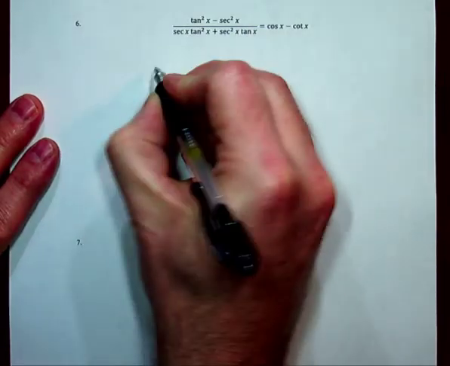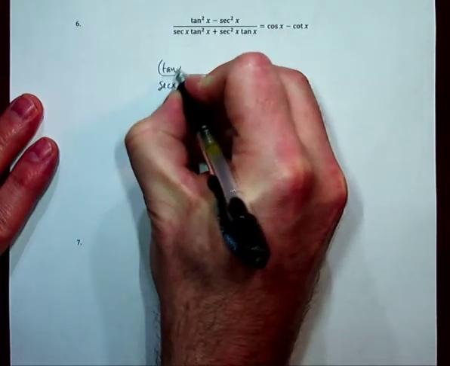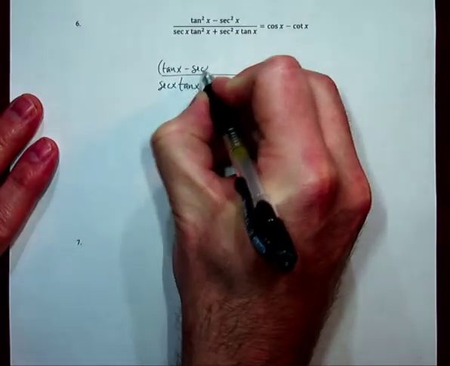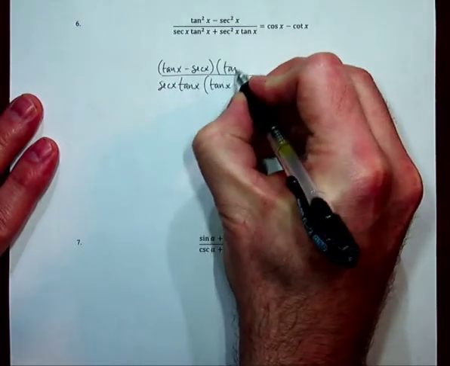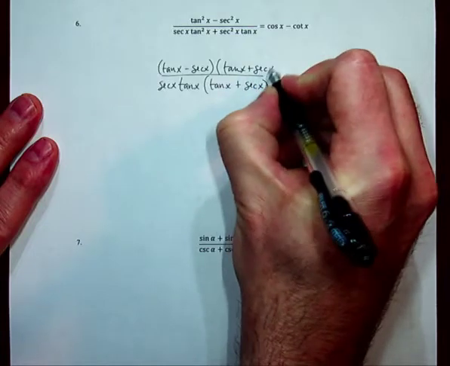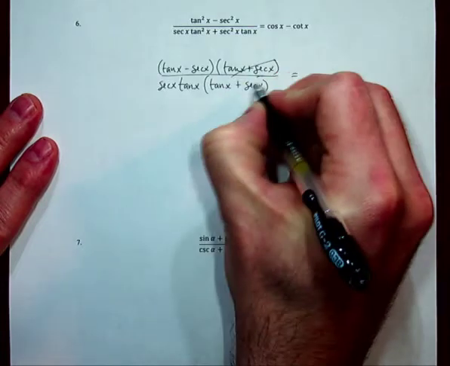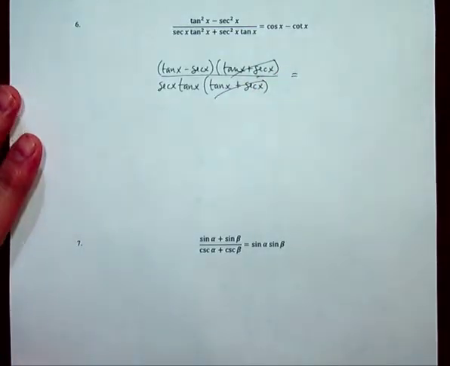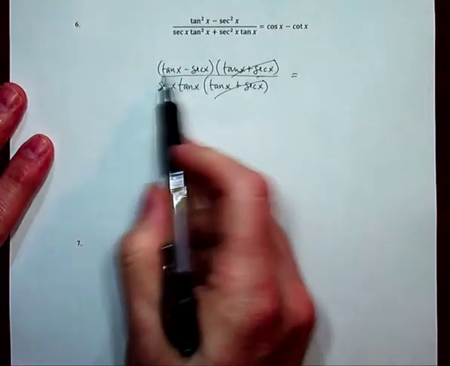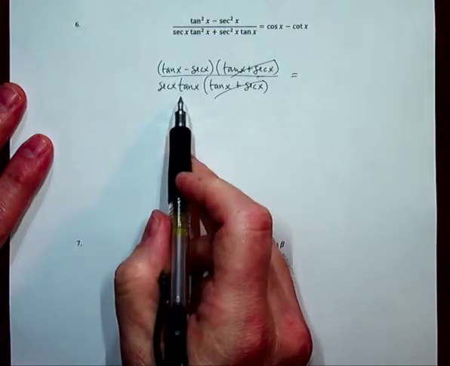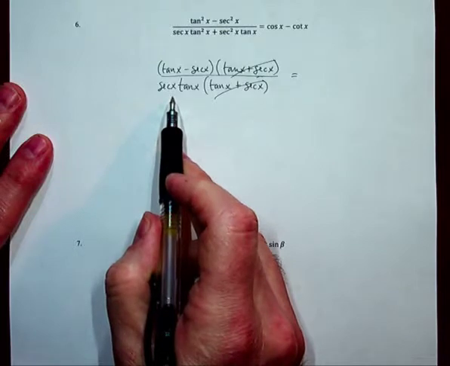Then if I factor that numerator as the difference of two squares, boom, boom, all of a sudden I have a difference over a monomial.